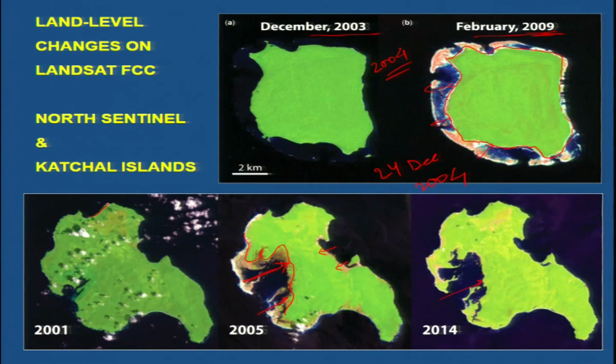So as you can note down here, the area of this island has decreased in this image, which was captured in 2005, and in 2014 it again shows that the area which was lost during the 2005 or post 2004 earthquake is maintained here.